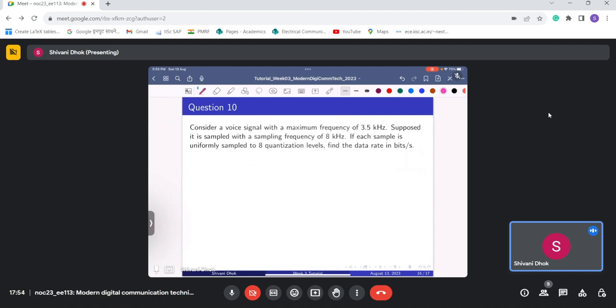So what it says is, I have a voice signal, and this has maximum frequency f max as 3.5 kilohertz.